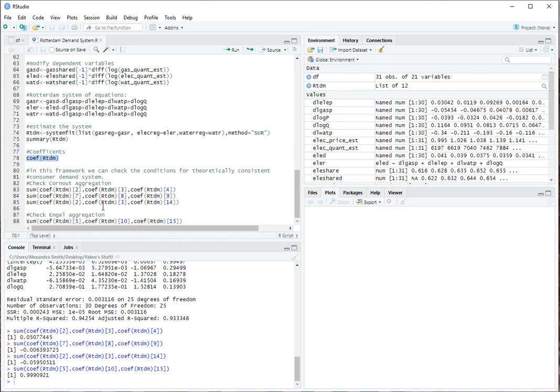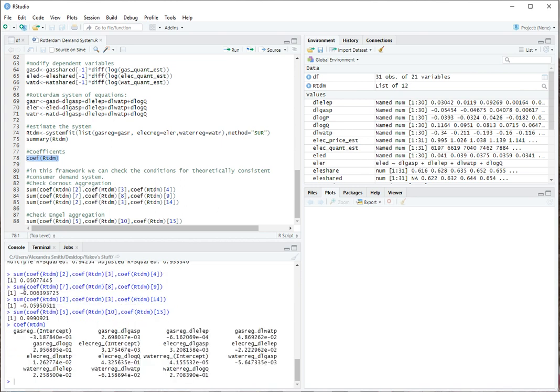One of the things we should note is that Slutsky matrix symmetry is definitely not satisfied at all. If we look at the gas regression, regressing gasoline expenditure on electricity price, those cross elasticities, which are the interpretation of our coefficients, should be the same.